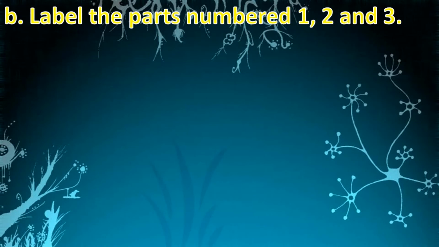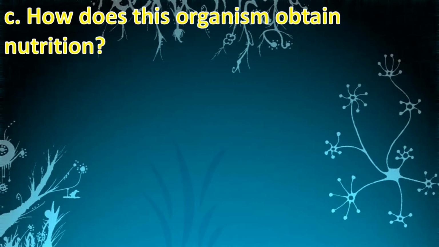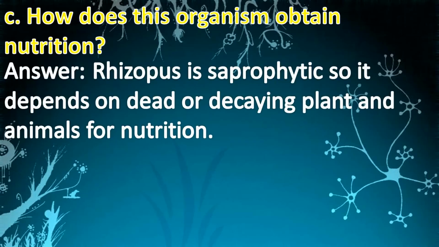Label the parts numbered 1, 2, 3. 1. Sporangium. 2. Spores. 3. Sporangiophore. How does this organism obtain nutrition? Rhizopus is saprophytic, so it depends on dead or decaying plants and animals for nutrition.